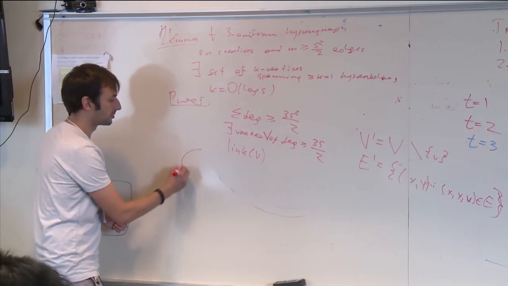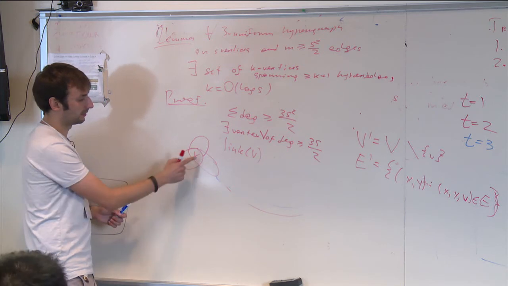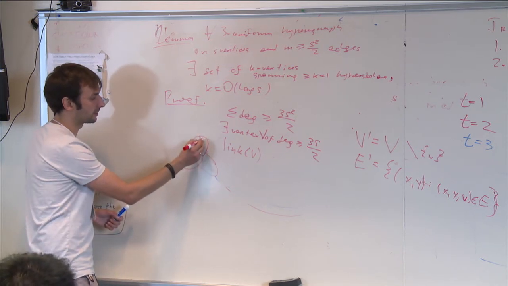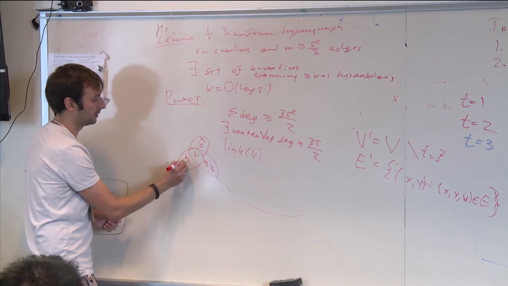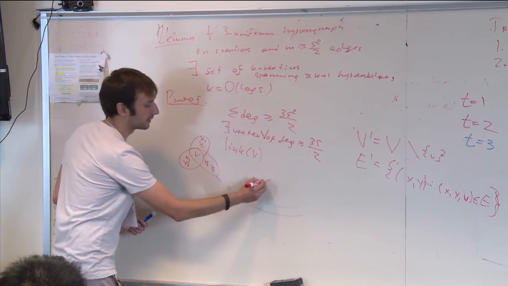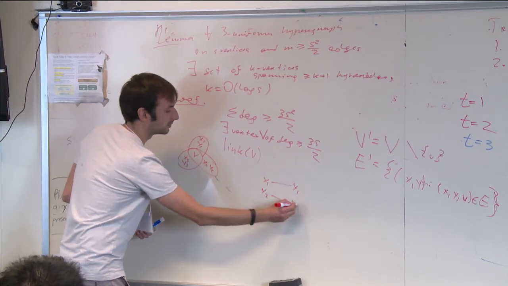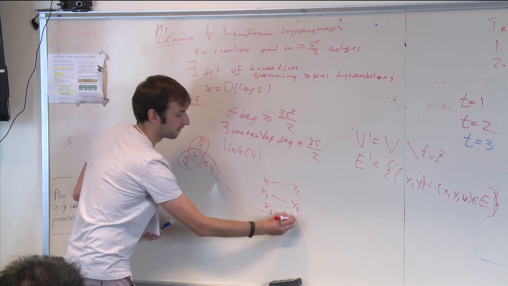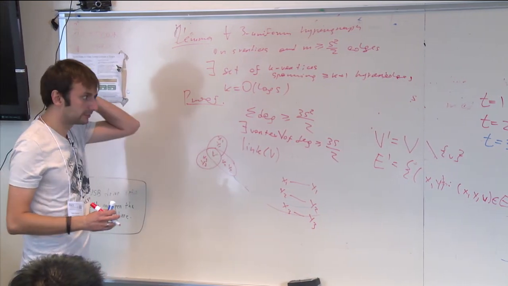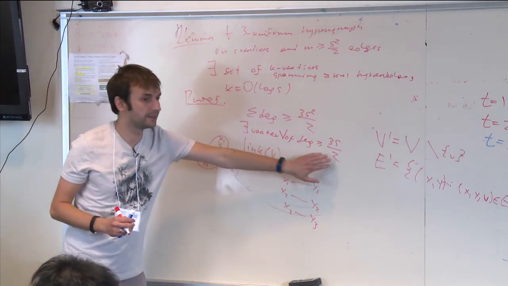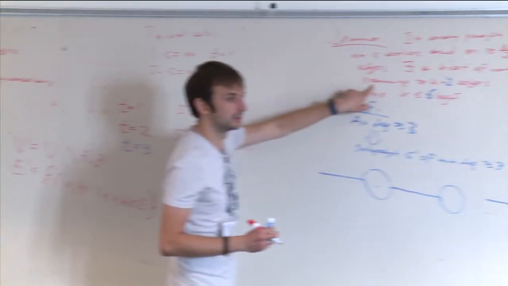So if in the original 3-uniform graph that was my linking vertex v, I had edges x1, y1, x2, y2, x3, y3, all with v, then in the new graph, I'll connect x1 and y1, x2 and y2, and x3 and y3. So I have this 2-uniform graph, whose average degree is at least 3. So I can apply our result for t equals 2.